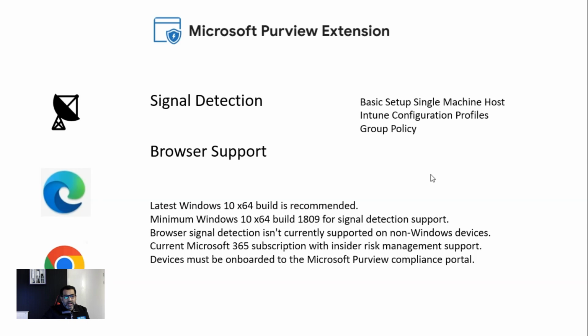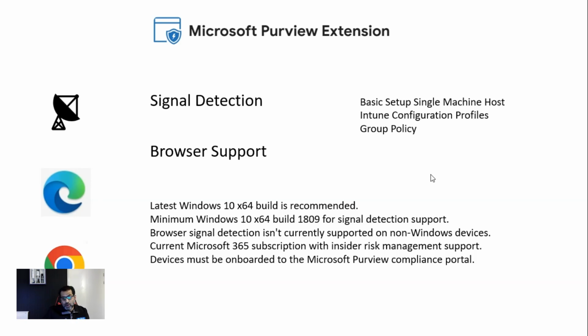It helps detect risky activities by monitoring browser usage. For example, it can identify actions such as copying files to personal cloud storage, printing files, transferring files to network shares, copying files to USB devices, and also browsing potentially unwanted sites. These are the things that it can monitor.